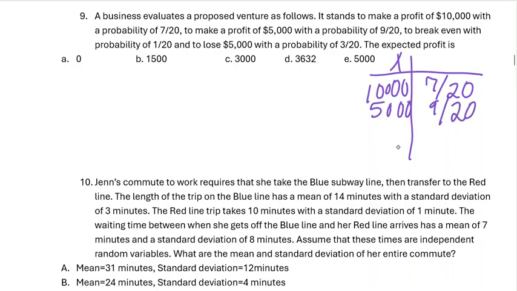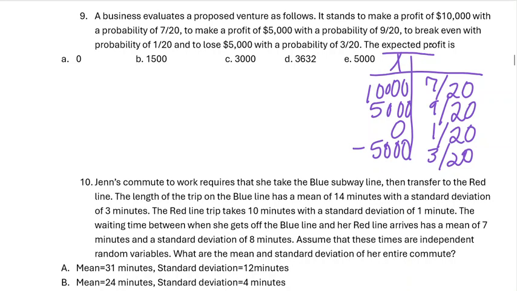To break even, that means you make nothing. That would be 1/20. And to lose $5,000, it would be 3/20.